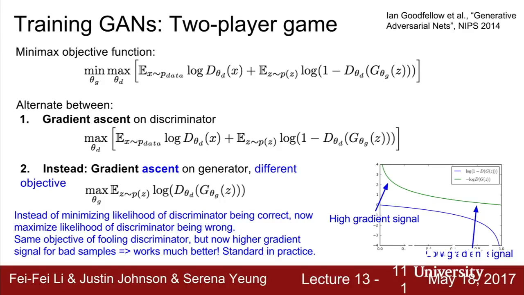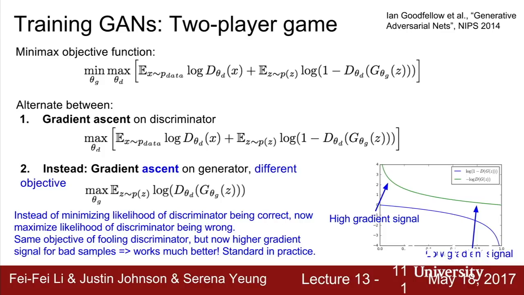What this does is, if we plot this function on the right here, we have a high gradient signal in this region on the left where we have bad samples, and the flatter region is to the right where we already have good samples. So now we're going to learn more from regions of bad samples.